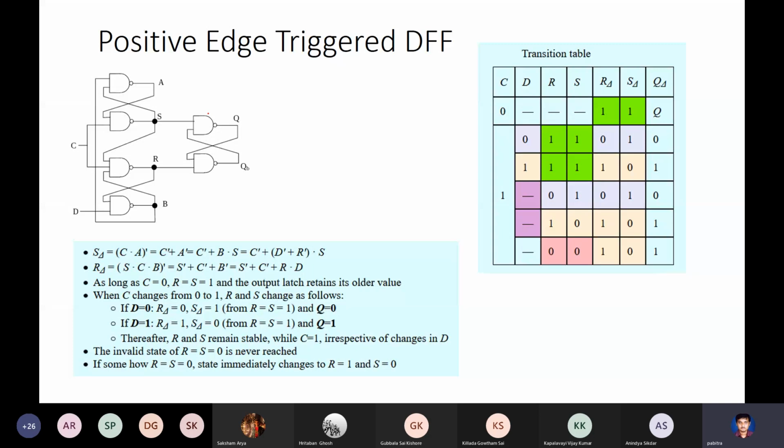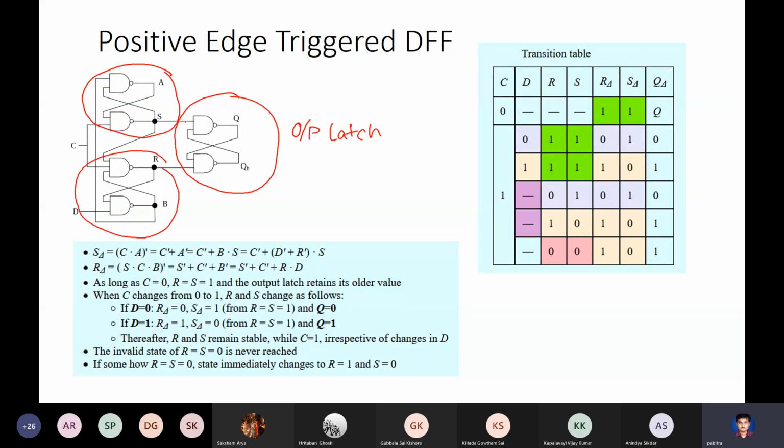One of the latches is the output latch. And these 2 latches are called differential latches because they are tied to the S and R inputs.